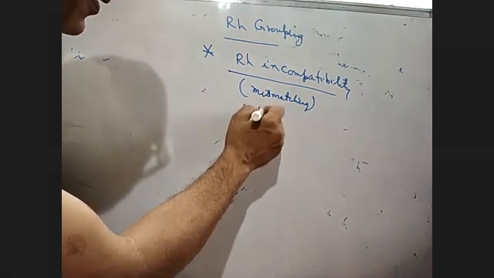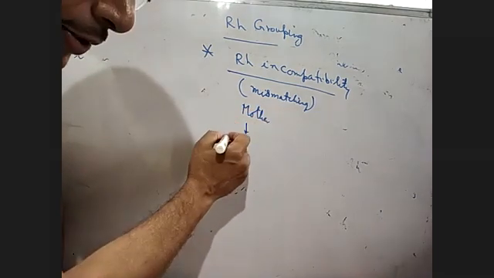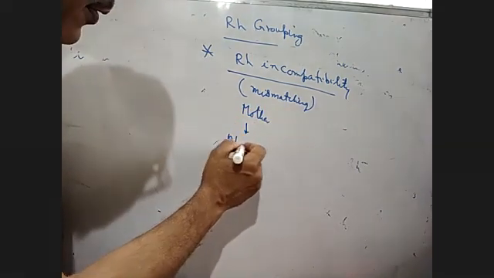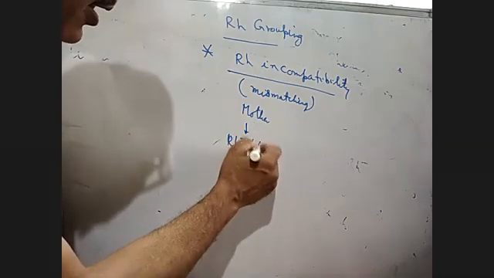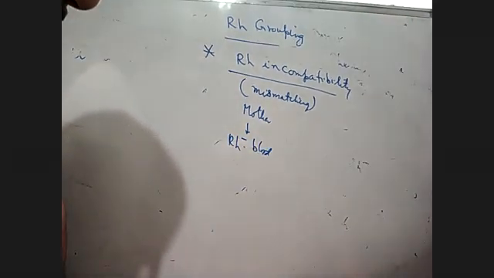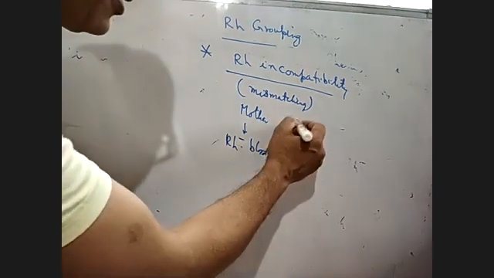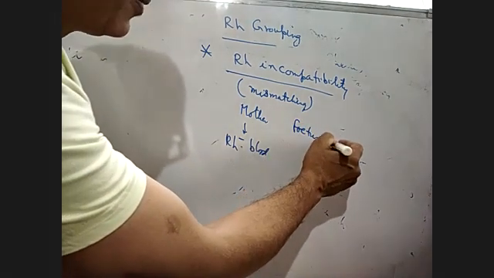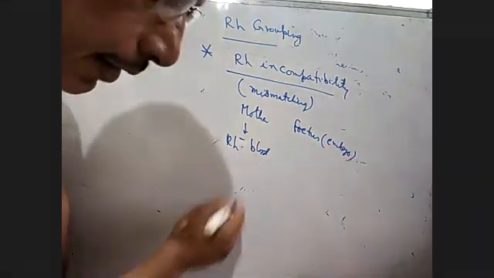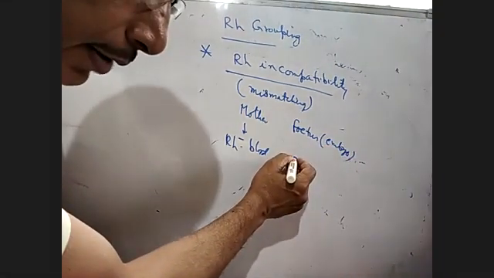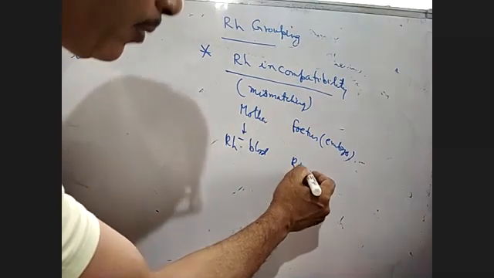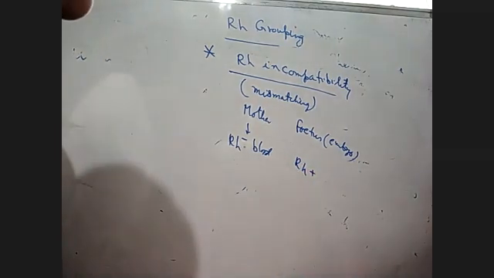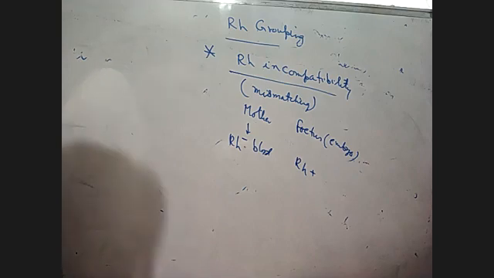So now, if the mother has RH negative blood, and the fetus or embryo inside the mother has RH positive blood, what happens? In the first pregnancy, the two bloods are well separated by the placenta.